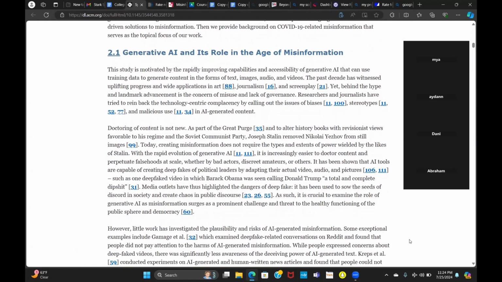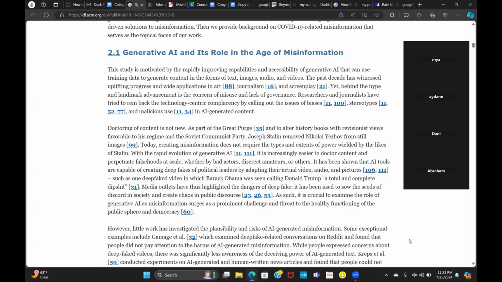I love this because it talks about how back in the day, as part of the Great Purge, they burned all the history books and everything. Joseph Stalin was a dictator and he had all this power and was able to shape the perspective of the media that way. But now you can have the same effect and reach millions of people with no resources.